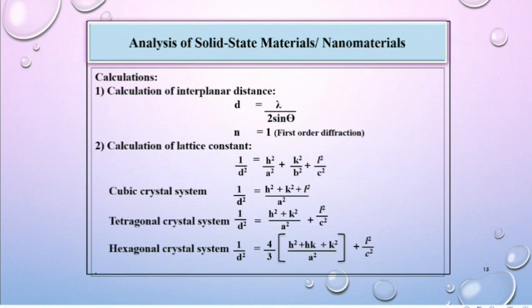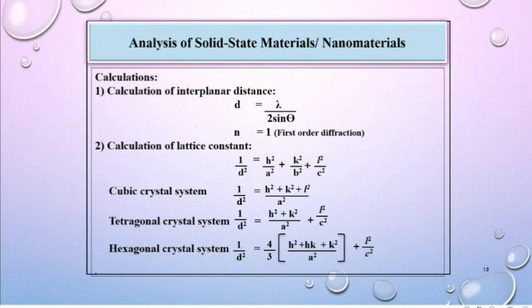First, calculation of interplanar distance d equal to lambda divided by 2 sin theta, where n is the first order diffraction. Calculation of lattice constant: 1 upon d square equal to h square divided by a square plus k square divided by b square plus l square divided by c square.